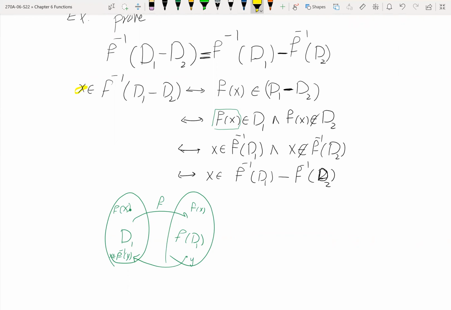So x is an image is equivalent to say f of x is in the function itself. So think about, can you comment over here and just apply f to both sides? So then you are having f of x and these two cancel out. So then you are having D1 minus D2. Does it make sense?